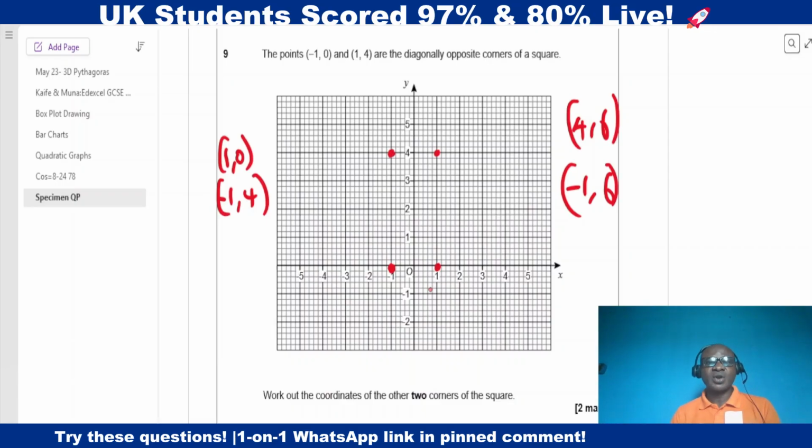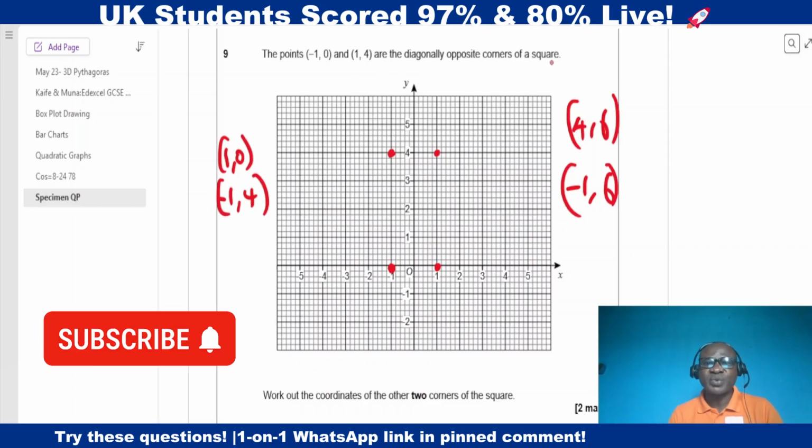That is how we complete the, did they call it square? Actually, look at a rectangle. They say the points, this and this, are the diagonal opposite corners of a square. So the first one is minus 1, comma 0, which is here, and the next one is 1, comma 4, which is here.